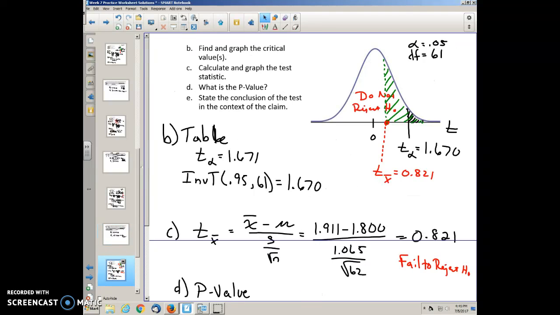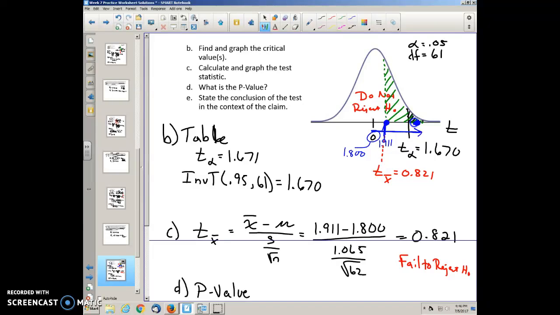Our test statistic would need to fall here in order to support the claim that the weight is actually more than the 1.800. By being here, there's not enough evidence to support the claim that we're more than. This 0 is representative of the 1.800. This is representative of the 1.911.